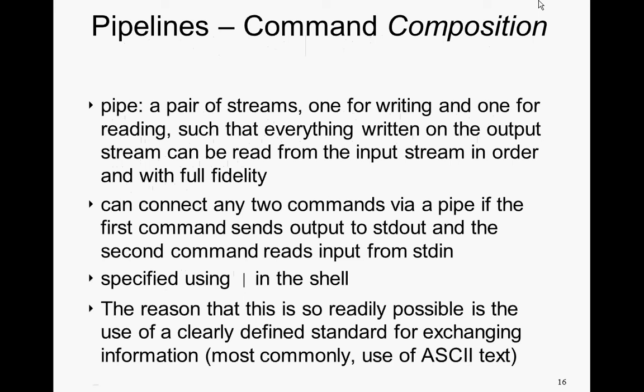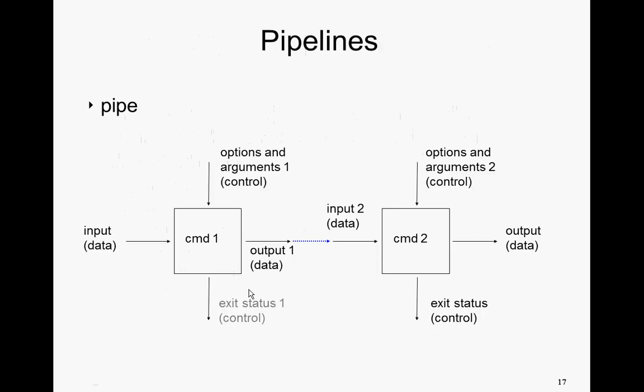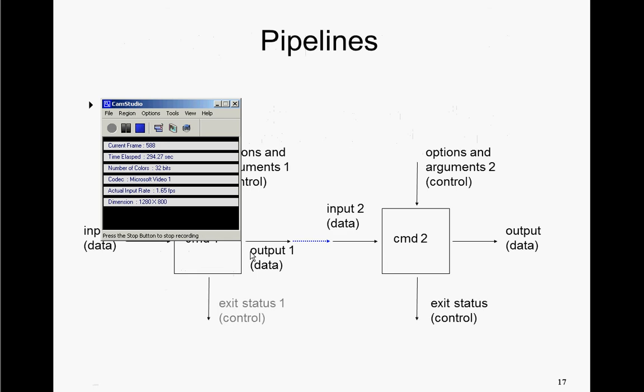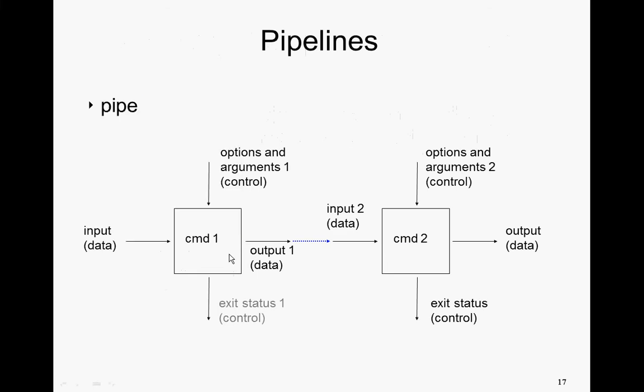We can connect two commands via pipe if the first command sends output to stdout, and the second command reads input from stdin. And we've seen how they can be specified using this vertical bar in the shell. I emphasized how the fact that we can use ASCII text helps facilitate this process. There are other environments, such as Windows PowerShell, which allow for using other mechanisms, but ASCII text is very, very handy.